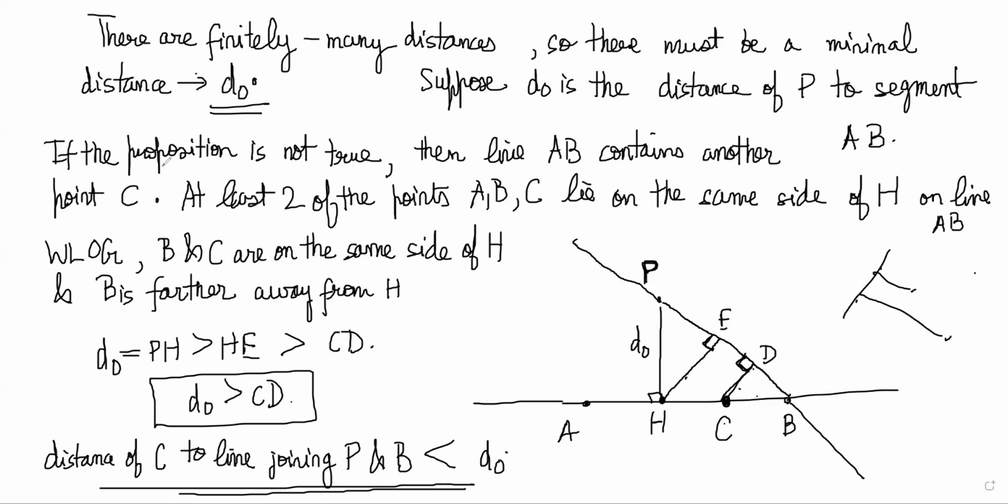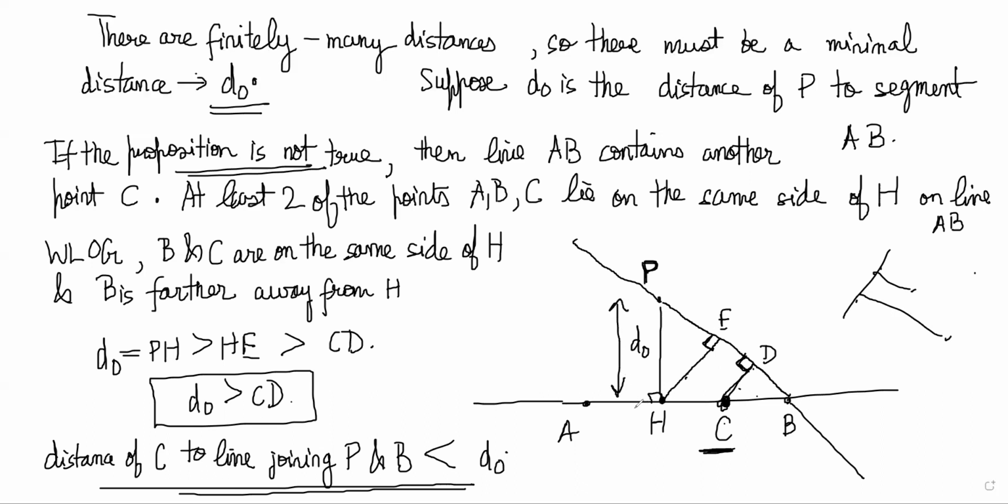But now, if the proposition is not true, which means there is no such line which passes through just two of the points, A and B, then there is a third point on the line AB, which is point C. And by assuming that C lies on this side, we have just proved that the distance of C to PB is less than D naught.